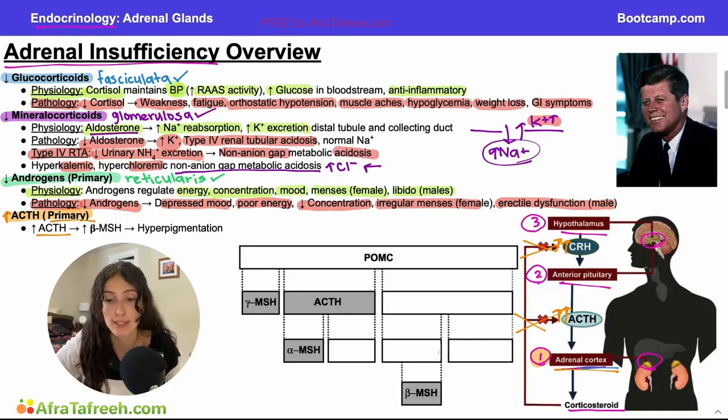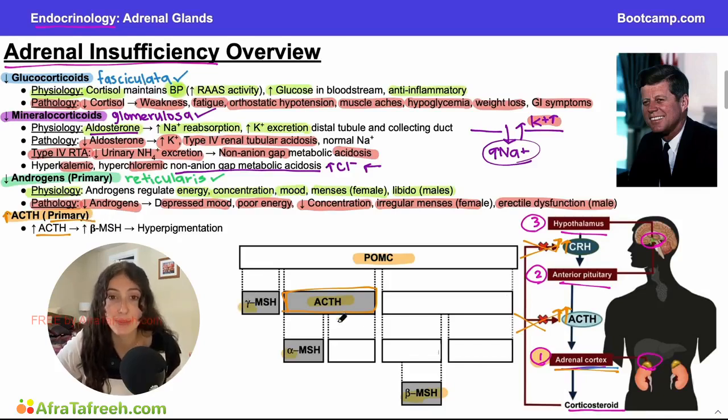So we have increased ACTH in primary adrenal insufficiency, and there's an important clinical tie-in with this increase of ACTH. ACTH is a protein that is encoded for by the POMC gene. So the POMC gene is transcribed, and one of the proteins it makes is ACTH. However, other proteins that are also encoded on the POMC gene and frequently transcribed with ACTH are beta melanocyte stimulating hormone, as well as alpha and gamma melanocyte stimulating hormone.